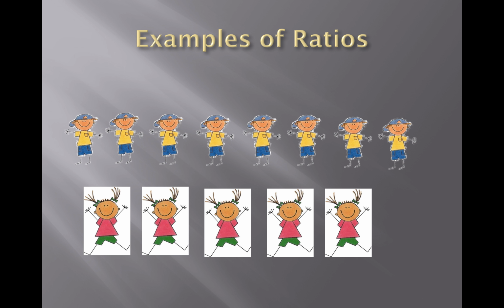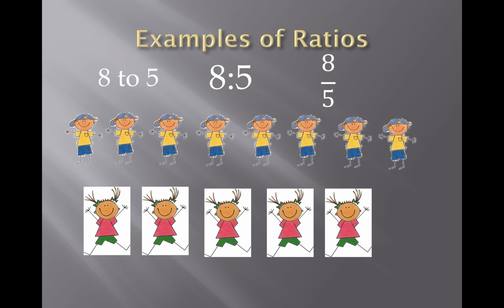Another example, if you want to find the ratio of boys to girls. Now, as you can see, we have 1, 2, 3, 4, 5, 6, 7, 8 boys to 1, 2, 3, 4, 5 girls. So we want to do it as 8 to 5, 8 colon 5, and 8 over 5.